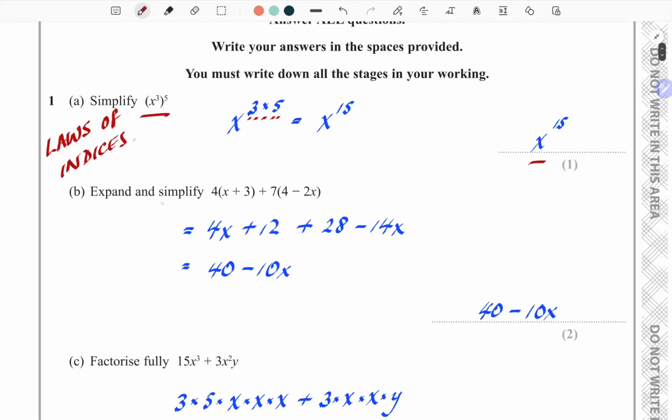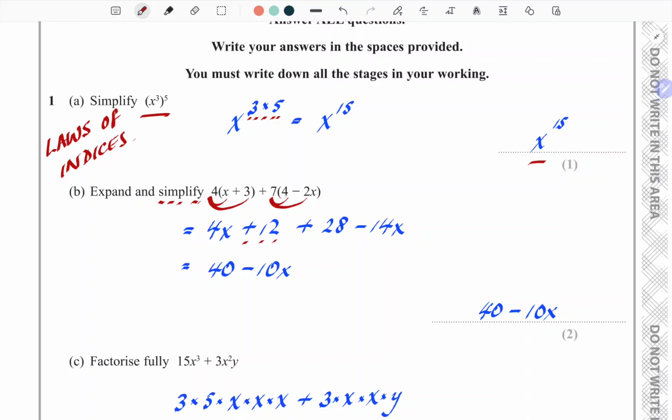Part B, expand and simplify. All right, so simplify simply means collect all like terms. So in these questions, you are multiplying the factor on the outside by everything in the brackets, one by one. And you're doing that twice. So you've got 4 times x, 4x, 4 times 3, 12, so plus 12.